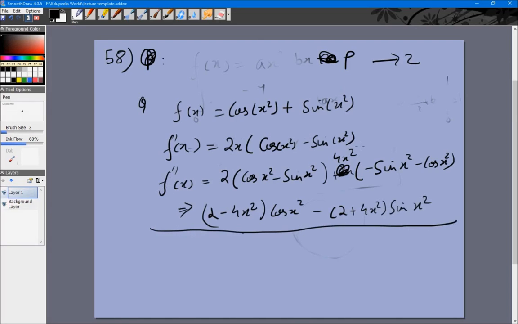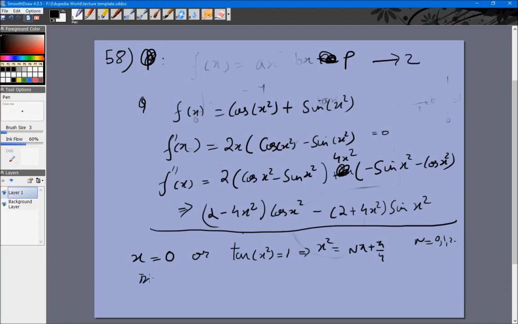Now we need f dash x to be equal to 0, which means either x is equal to 0 or cos x square is equal to sine x square, which means tan x squared is equal to 1, which means x squared is n pi plus pi by 4, where n is 0, 1, 2 and so on.